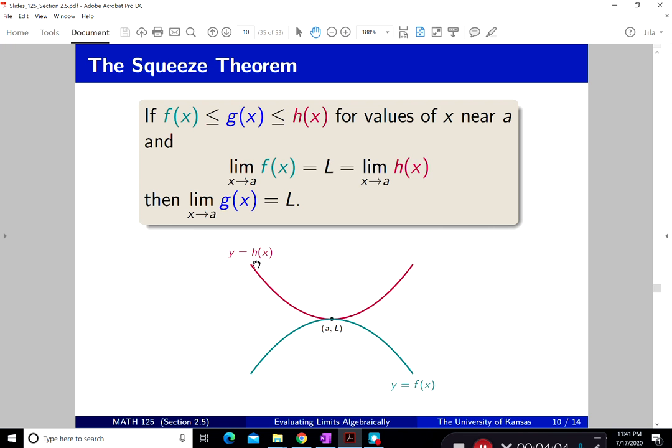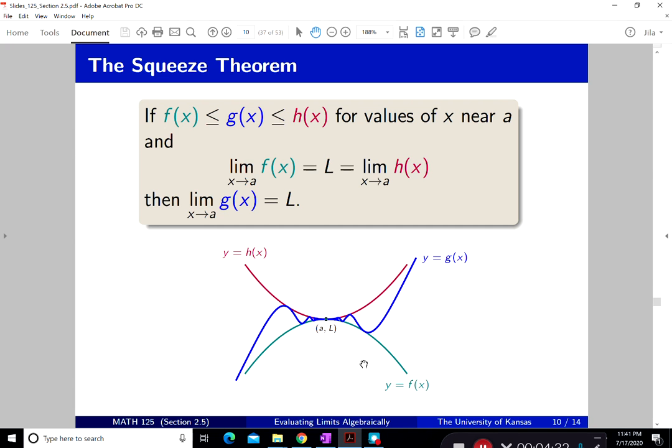So this is h of x on top, and this is f of x on the bottom, and as x approaches a, the y value for both of them is L. They are both continuous, and the limit of both of them is L as x approaches a.